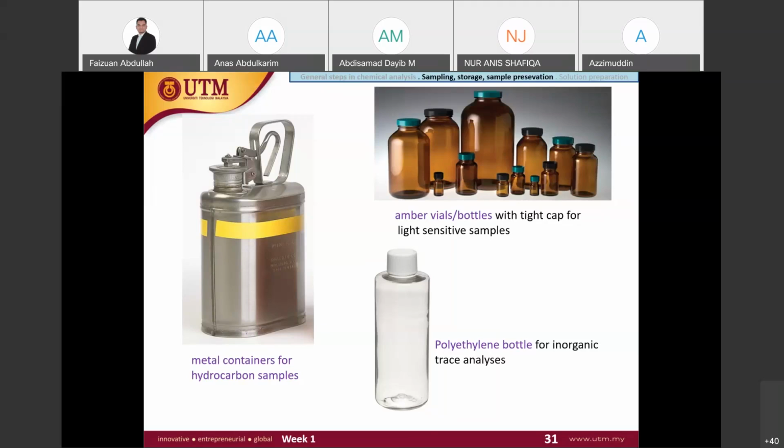Can you say the question, please, again? What is the example of inorganic trace analyte that we can put in the polyethylene bottle? Acid. Acid. Acid? Mm. Not so accurate answer. Thank you for that answer.